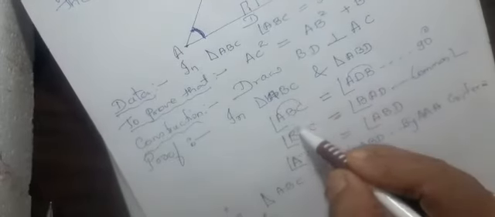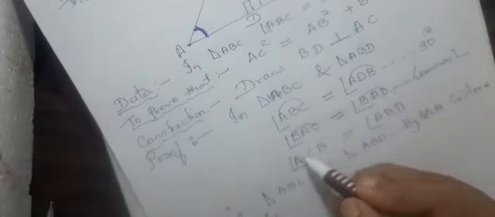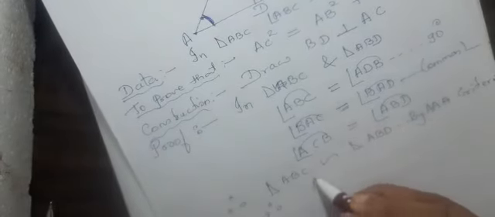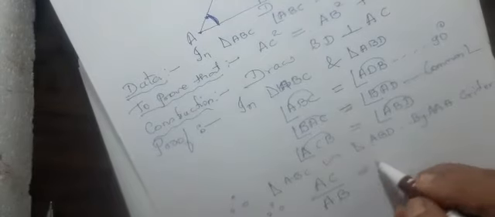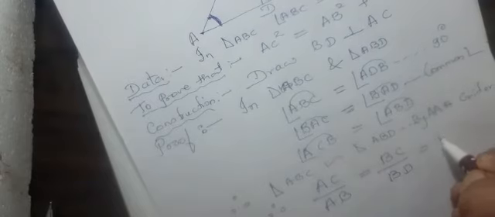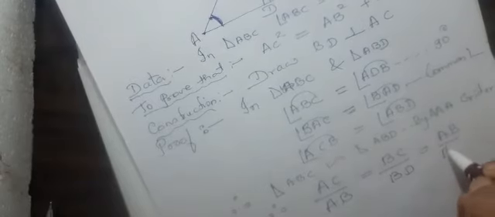That will give us the corresponding sides. This is very easy to remember, I feel, because in some video I have told you. So AC by AB is equal to BC by BD equal to AB by AD.